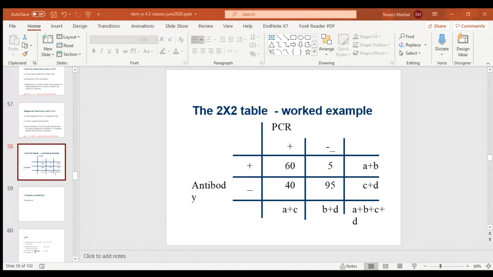If you use that calculator to verify answers, you'll see what you should have gotten was a sensitivity of 60%, 0.6, a specificity of 95%, 0.95, a positive predictive value of 0.923 or 92%, a negative predictive value of 0.704 or 70%, a positive likelihood ratio of 12, and a negative likelihood ratio of 0.421.